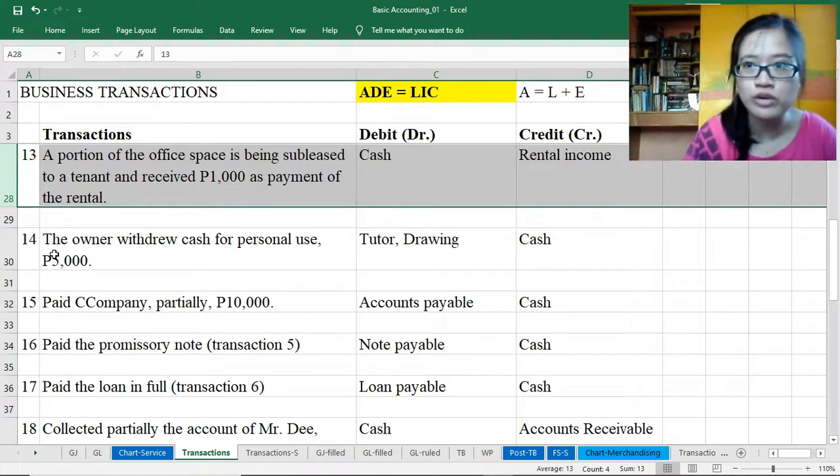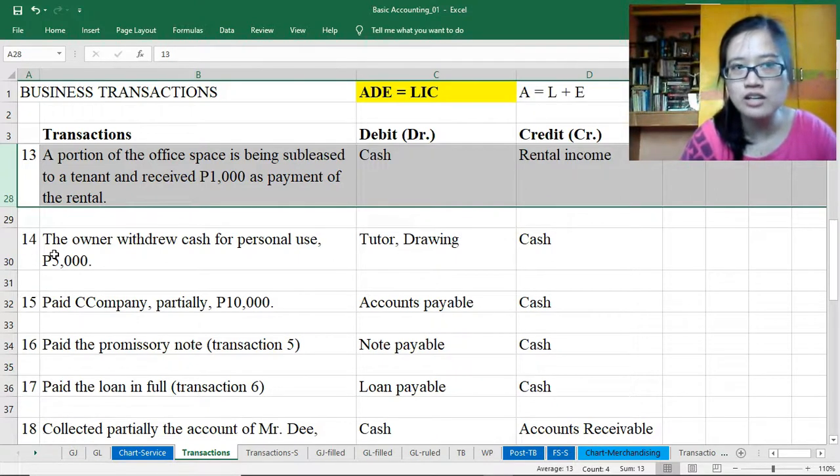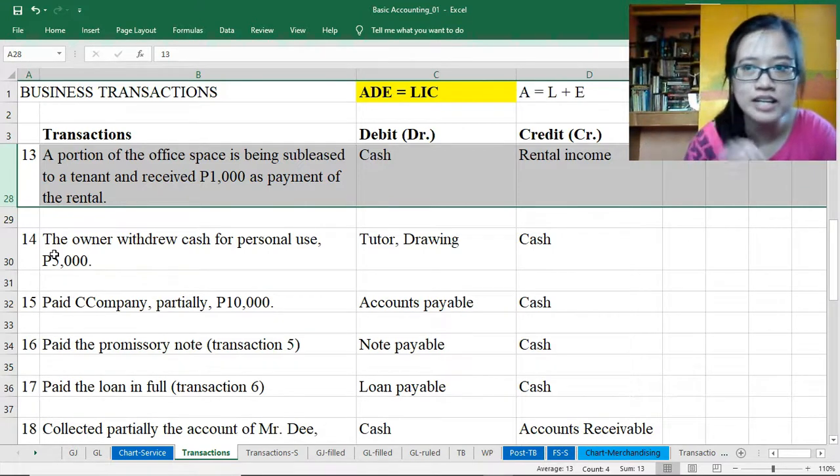Okay? Or subrent. Pero syempre, yung type of transaction na yun with the permission pa rin nung mismong building owner. Okay? Or office owner. Or yung mismong may-ari ng lugar, for the sublease. Okay? So, dito, pinayagan silang mag-sublease. Nagkaroon sila ng client na nangupahan dun sa small portion ng kanilang office. Tapos, nakatanggap sila ng 1,000 as rental payment.